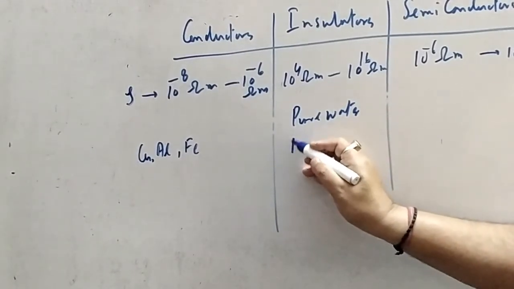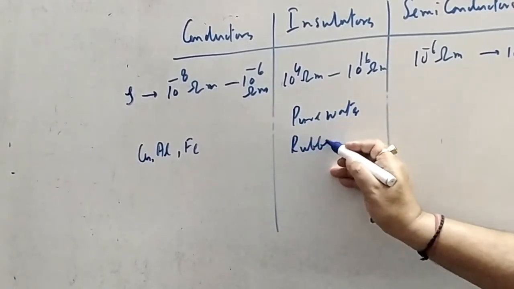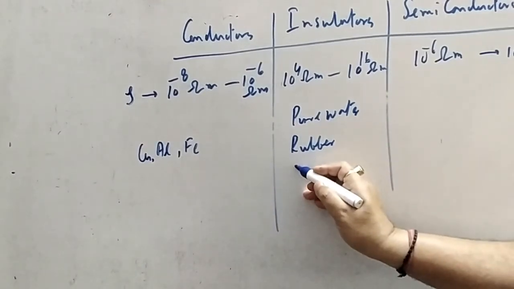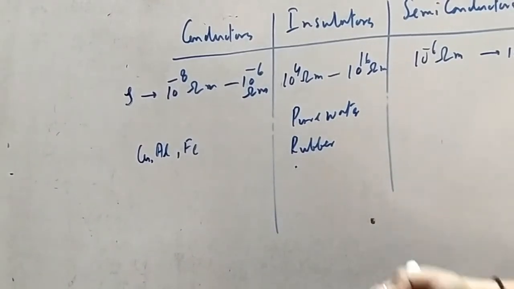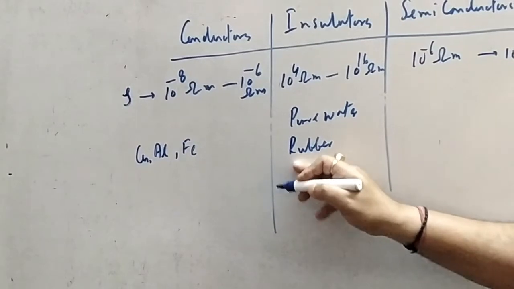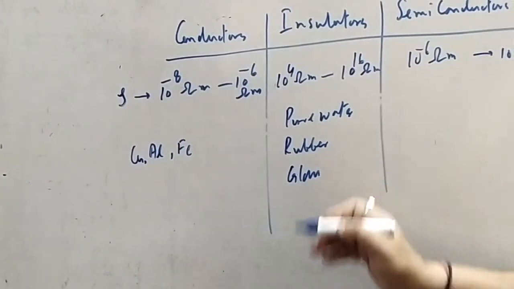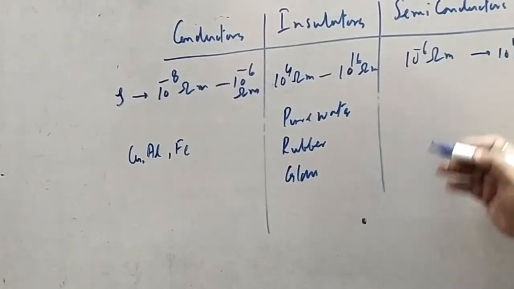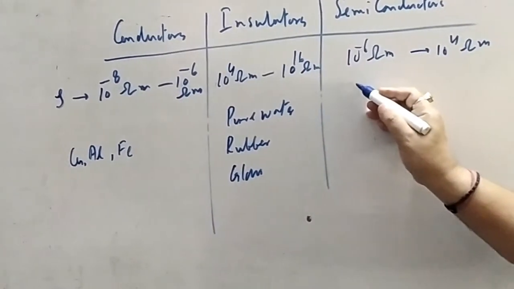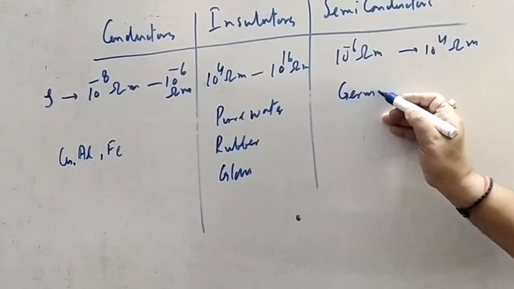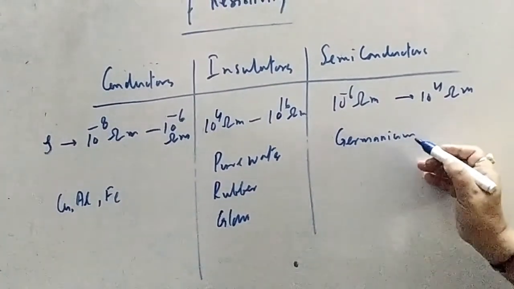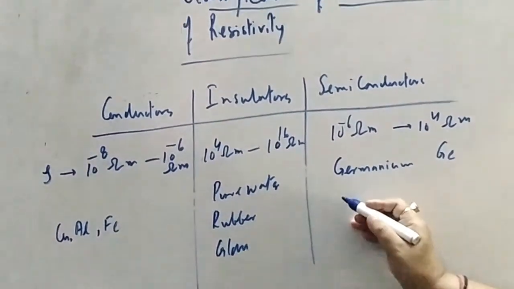We can take rubber, anything like glass, quartz, etc. Okay, and for semiconductor we mostly take germanium or silicon.